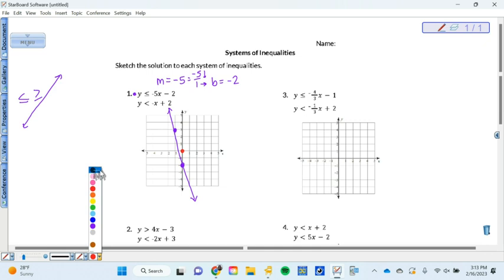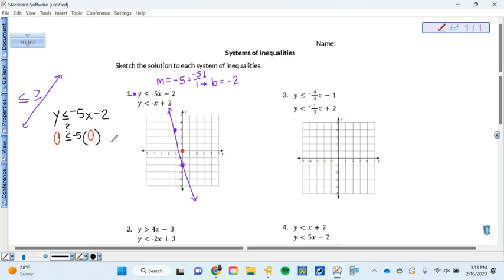So I take that inequality, y is less than or equal to -5x minus 2. And I'm plugging in 0 for x and 0 for y.